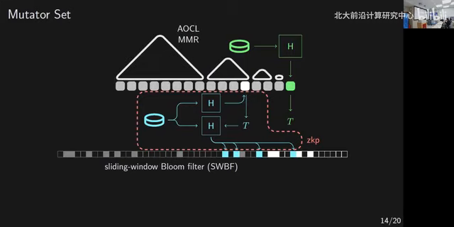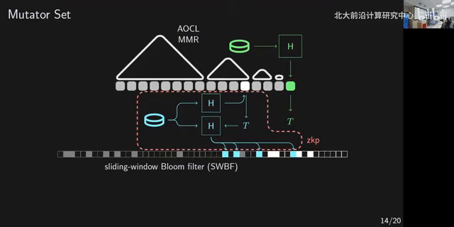AOCL MMR stands for the append-only commitment list Merkle mountain range. And secondly, in this sliding window Bloom filter, we want to record the active part explicitly because that's where most of the activity is expected to happen.